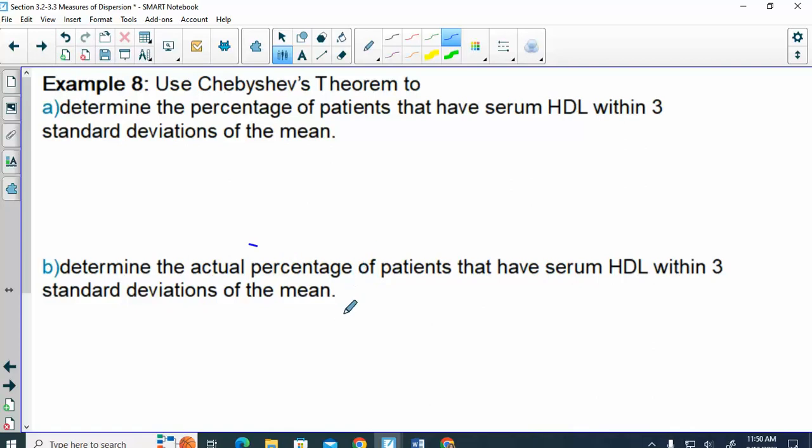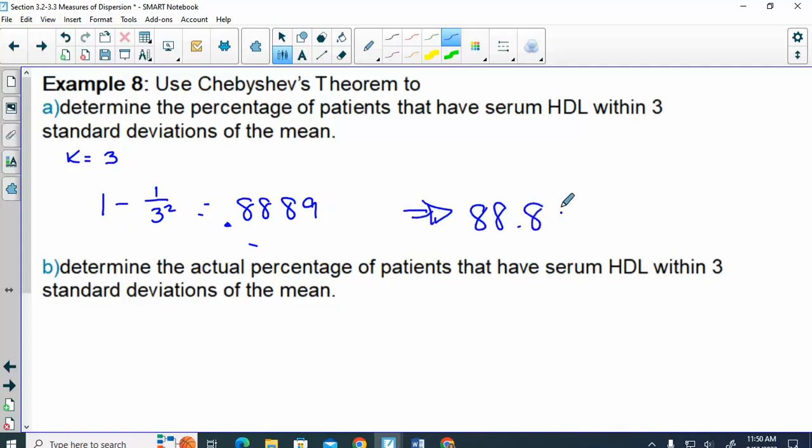So if I wanted to determine the percentage of patients that have cholesterol within 3 standard deviations using Chebyshev's, my k here would be 3. So we do 1 minus 1 over k squared. So it gives us 88.89%.